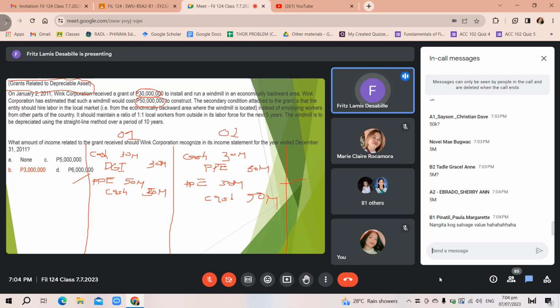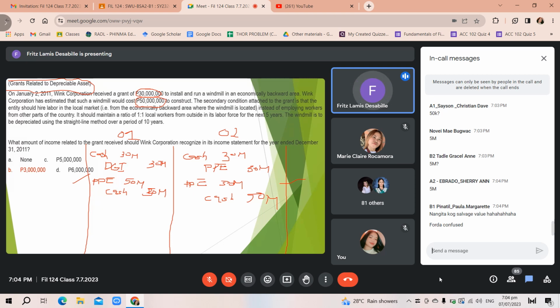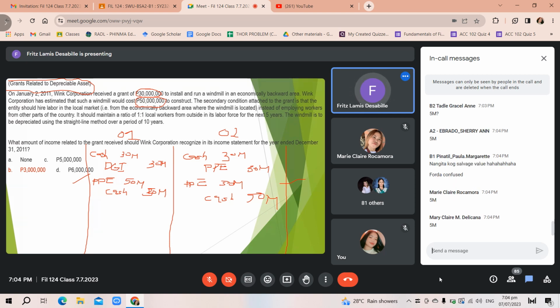Salvage value is not always present. Actually, it is rare to have a salvage value; I have not seen clients who use salvage value. So, 5 million.